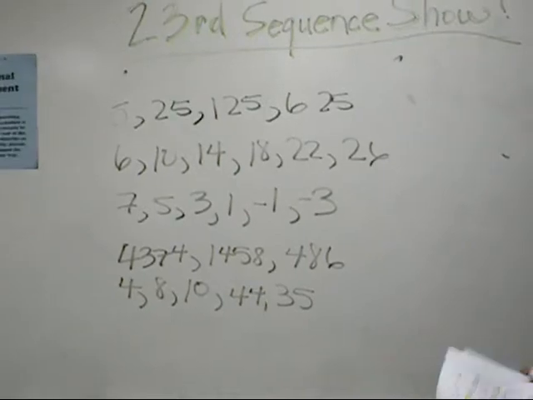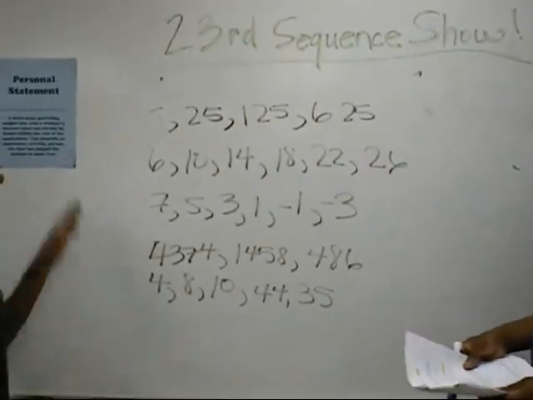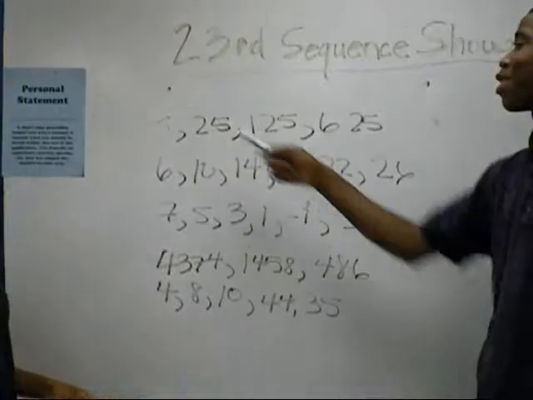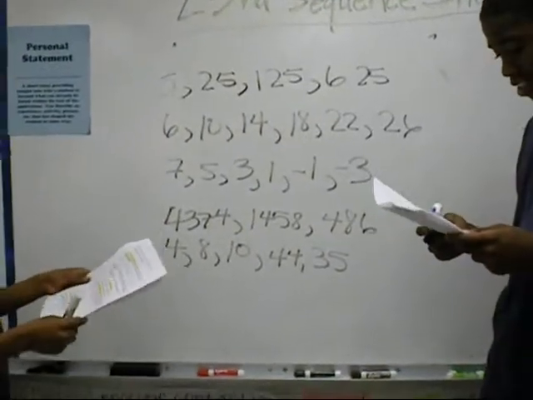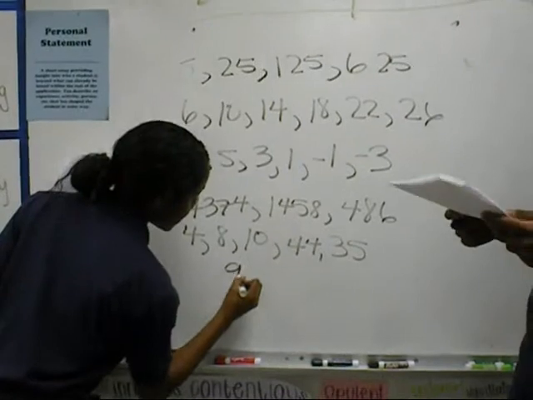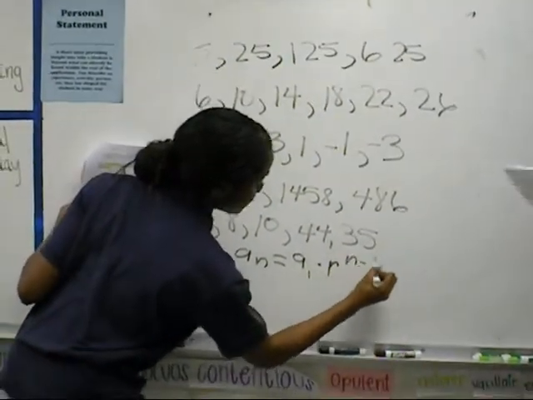Let's work out problem A together. First, we can see that the sequence is what, Irvin? Geometric. Correct. And the common ratio is, Sam? 5. Good. Now let's plug this into the general expression, which is AN equals A1 times R to the N minus 1.